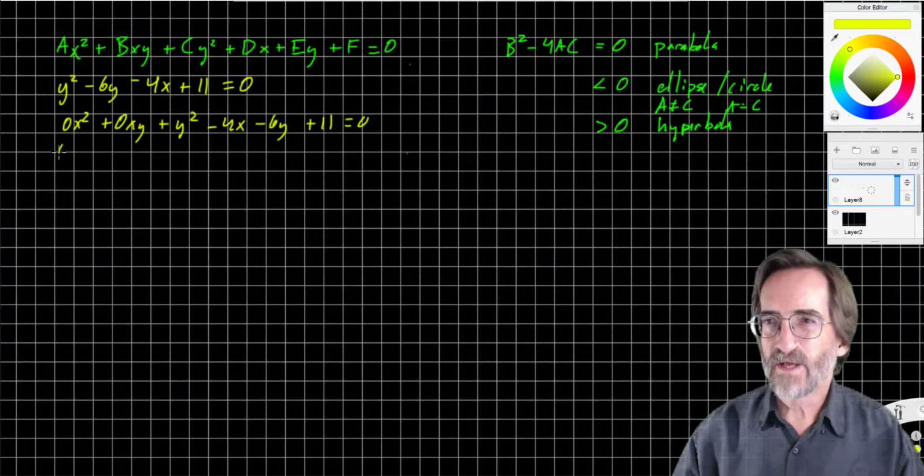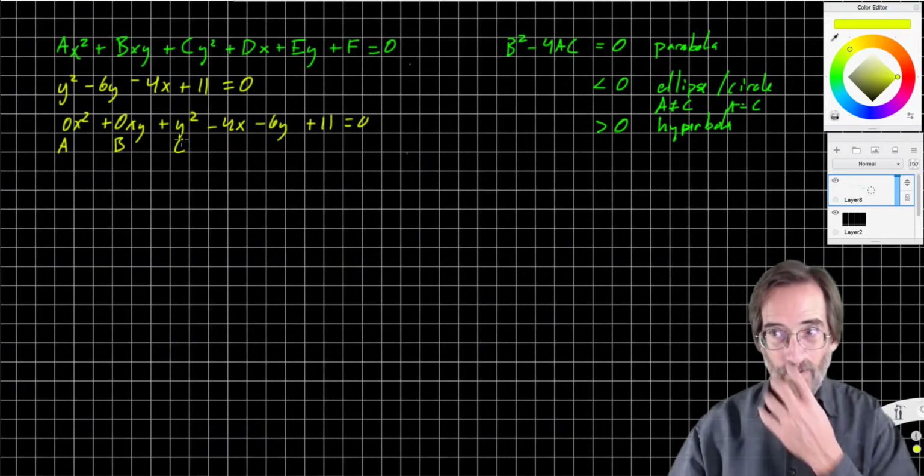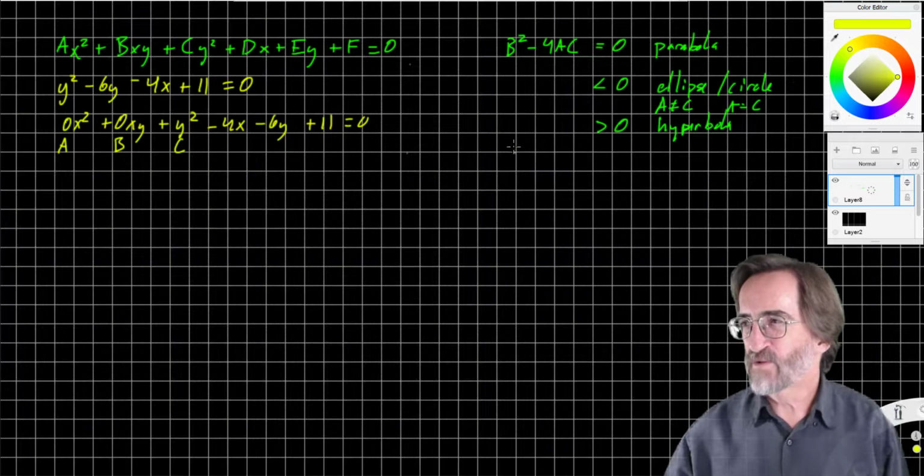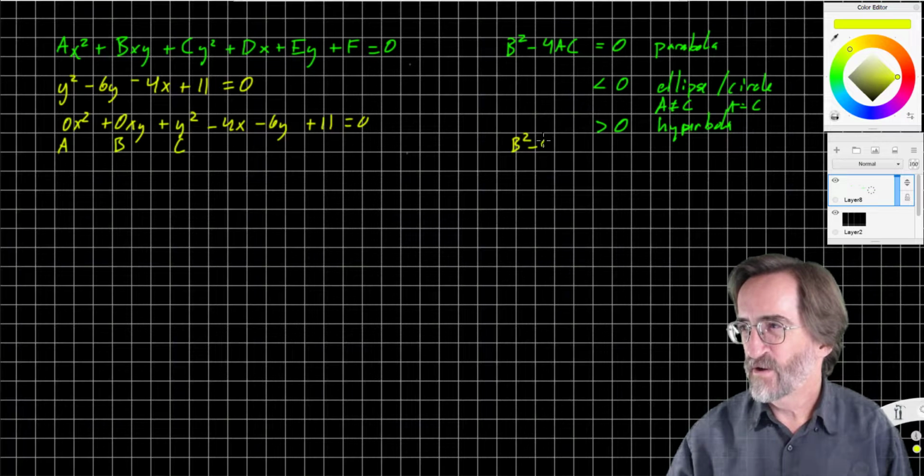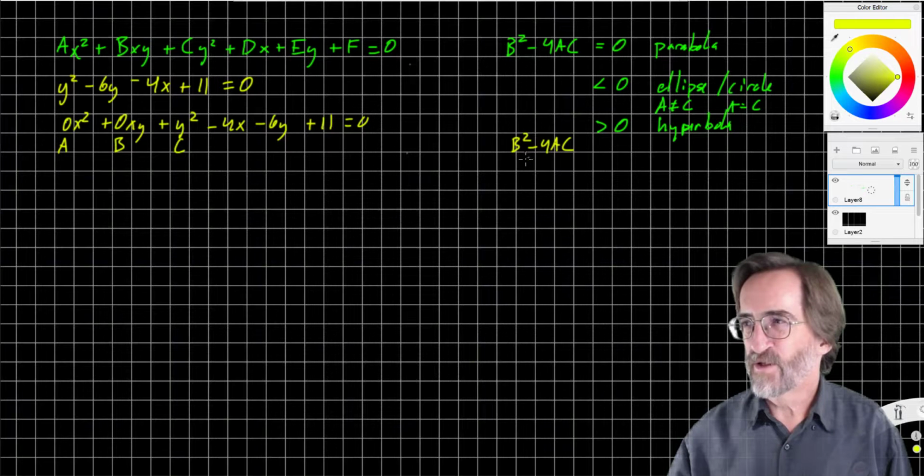So in this case, A is 0, B is 0, and C is 1. So B squared minus 4AC is 0 squared minus 4 times 0 times C, which is 1. Well, the zeros make everything 0.